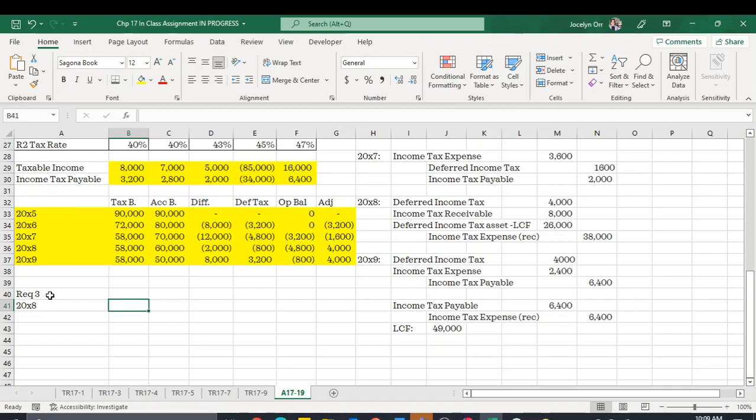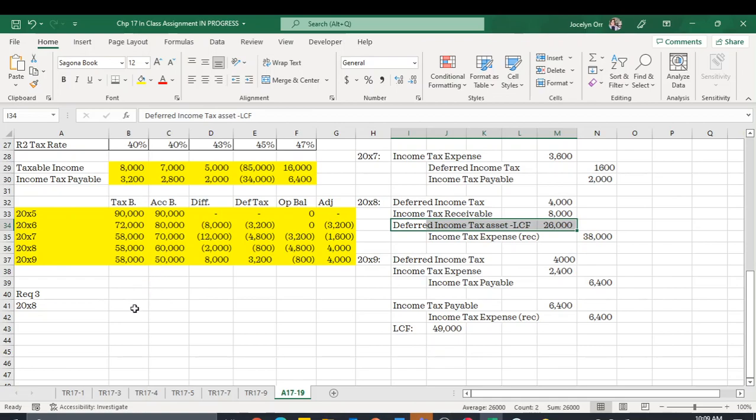Okay. In 20x8, I'm still going to have my deferred income tax for $4,000. I'm still going to have my income tax receivable for $8,000, and I'm going to have my income tax expense recovery. All I'm doing here is taking out the deferred income tax asset for the carry forward.